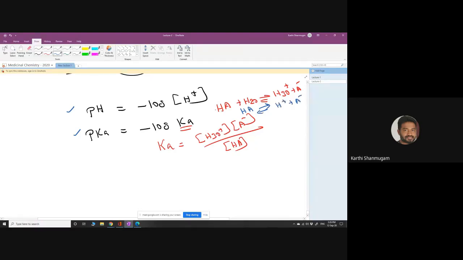Both the reactions are the same, right? One is the actual equilibrium reaction, the other is the simplified equilibrium reaction. Even if I mention the second one, you have to remember that HA is the acid, there is a base, something like water, and the reaction goes to H3O plus and A minus. Both the reactions are almost the same. Is it fine?